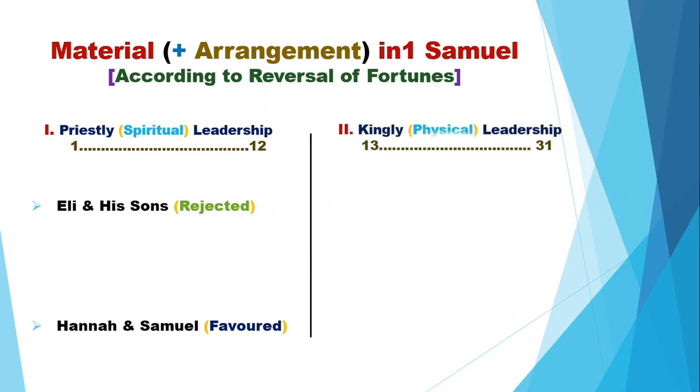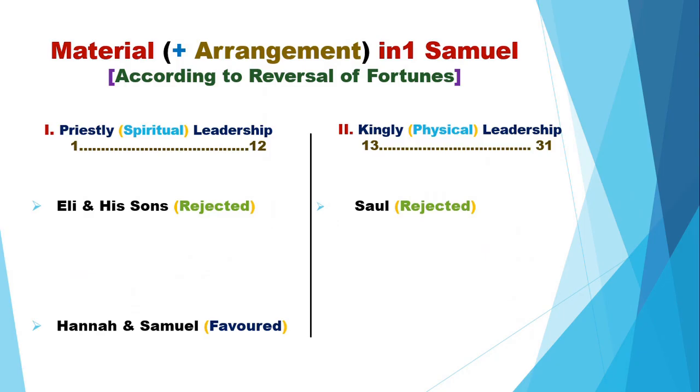Then we come to the second main division of Samuel, and I've titled it Kingly Leadership or Physical Leadership. So you have priestly leadership representing spiritual leadership in the first division, and in the second division we are represented with physical leadership, which is kingly leadership.